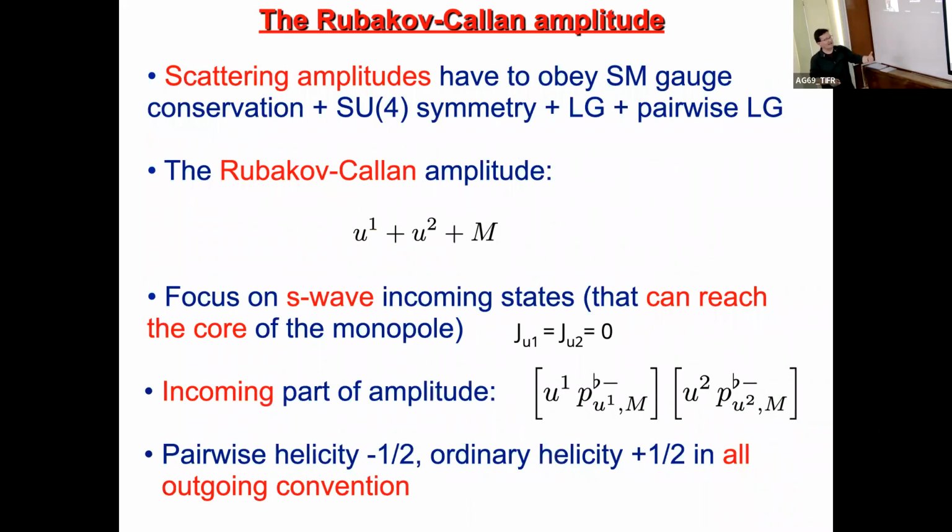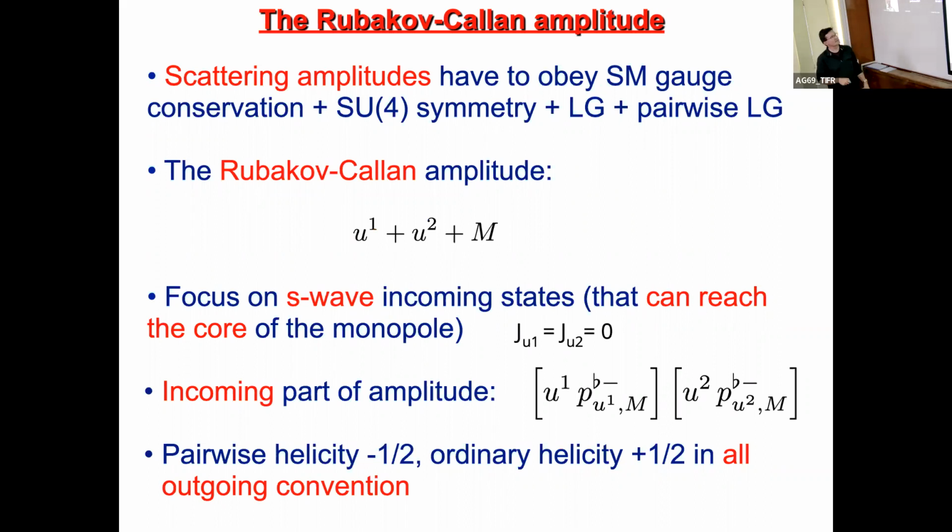And then, of course, you can ask the question: how do you describe in our formalism the scattering of, for example, a proton on a magnetic monopole? This is the very famous Rubakov-Callan process. Unfortunately, Rubakov just died, and he was really a giant of the field.